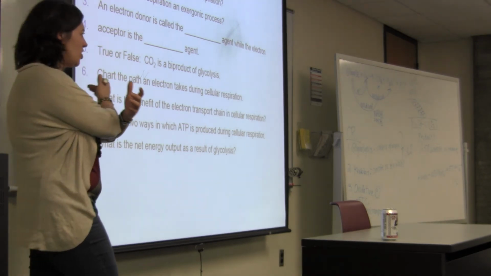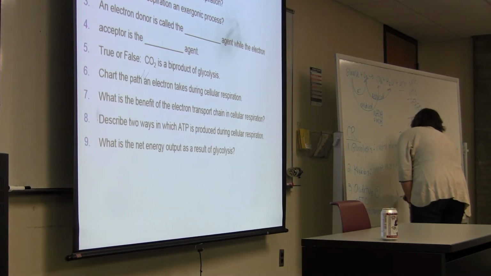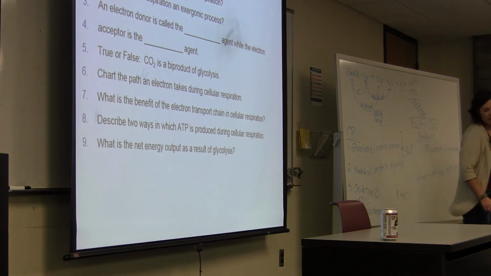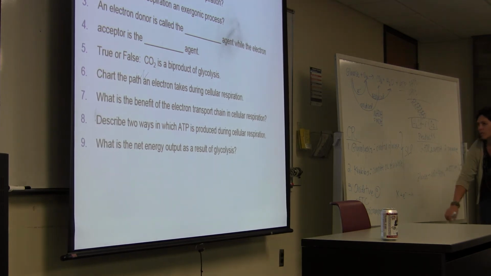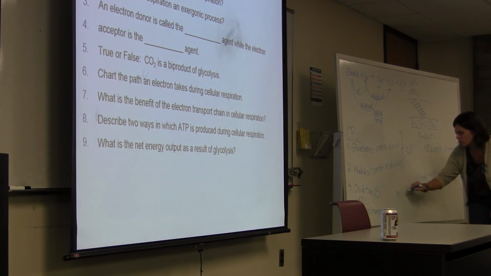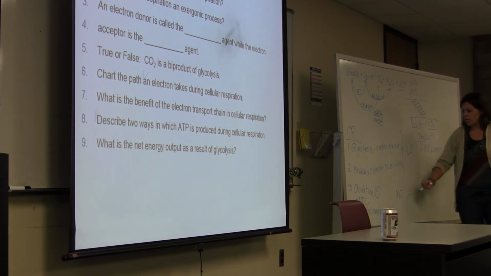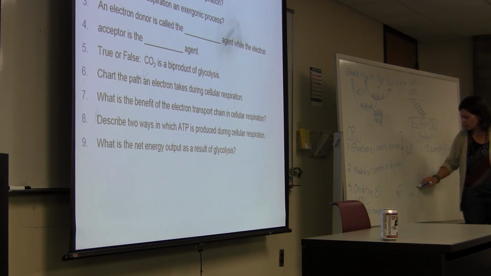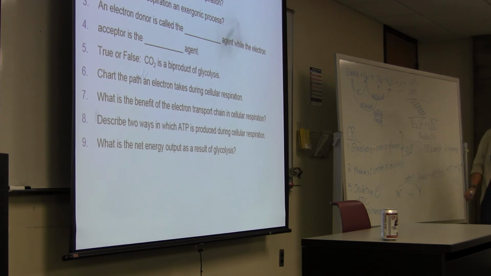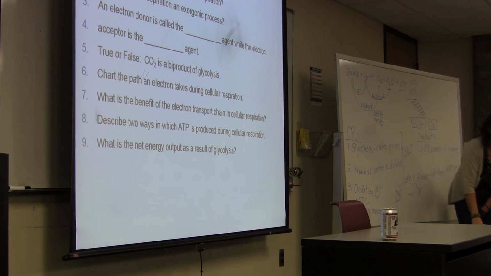So in a reduction, you're taking something and you're adding electrons to it. Let's make this the donor, and let's make this the acceptor. When the donor gives up its electron, it's oxidized, but the donor itself is called the reducing agent.